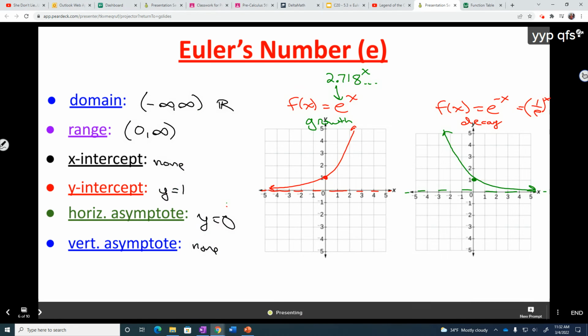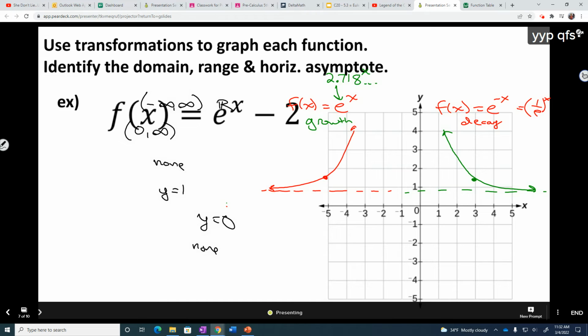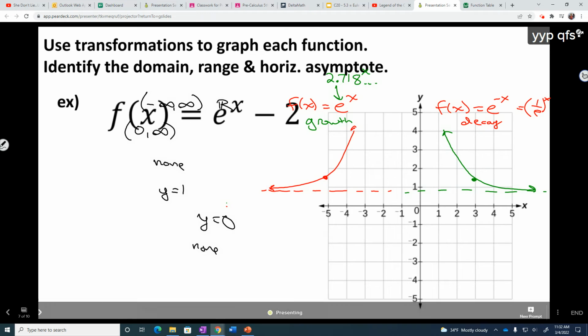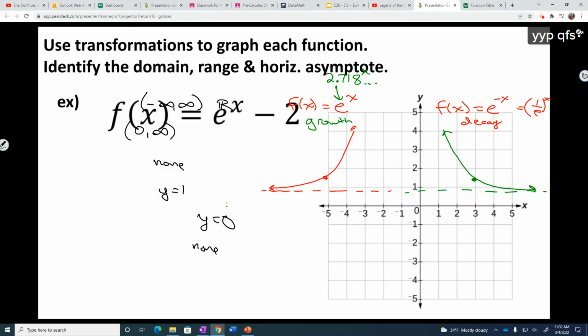All right, so let's graph some. We're just going to do a couple easy ones today, and then I want to give you some time to do them before you leave, so hopefully you don't have homework.